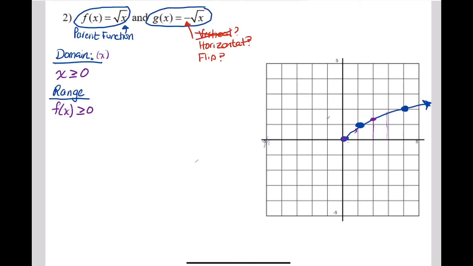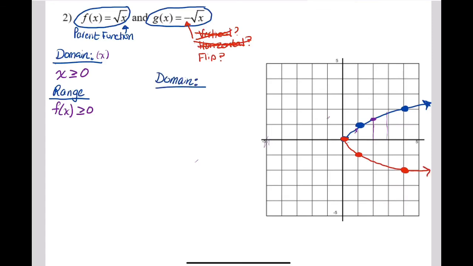So it's not vertical, it's not horizontal, it's a flip. So this should be reflected along the x-axis. So that point doesn't reflect, but there's the reflection of (1, 1). And then the reflection of (4, 2) is going to be (4, negative 2), I should say. So there that is.